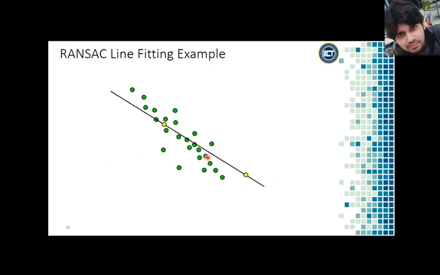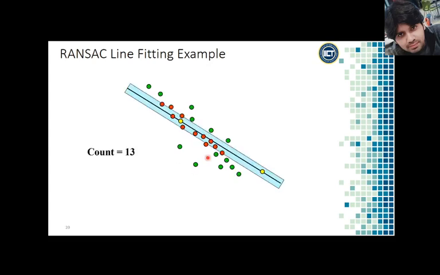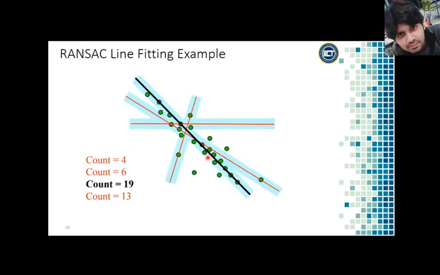Now let us consider another set of points, compute the transformation and count the inliers. Now the inliers is 13. In this case, we can compare different transformations with respect to different seed points, and we have to store the transformation having the largest number of inliers. So we will keep this count equals 19 transformation, which is highlighted in black right now.